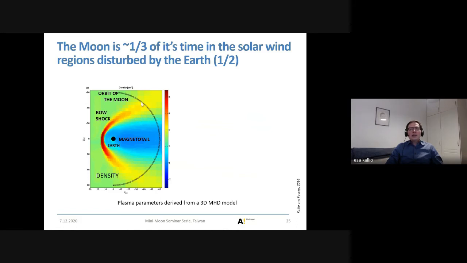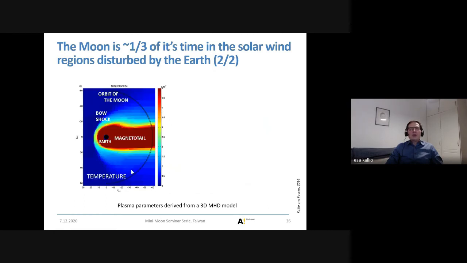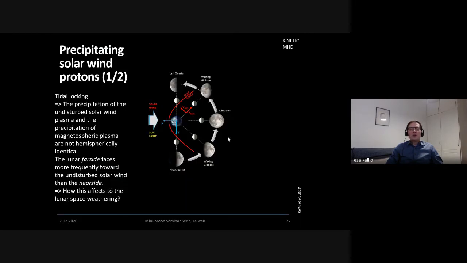The interesting thing is that it's facing very different density values, very different solar wind velocity values, and also temperature values when it is moving through the magnetosheath, the tail and the solar wind, and also the magnetic field. Asymmetry is also associated with the interplanetary magnetic field. So you can investigate those.